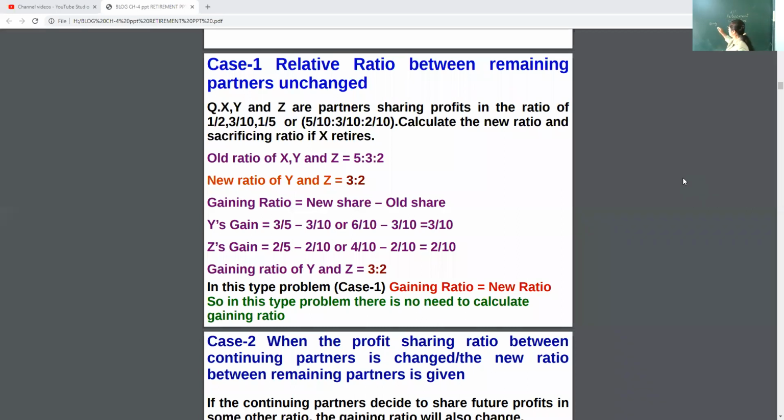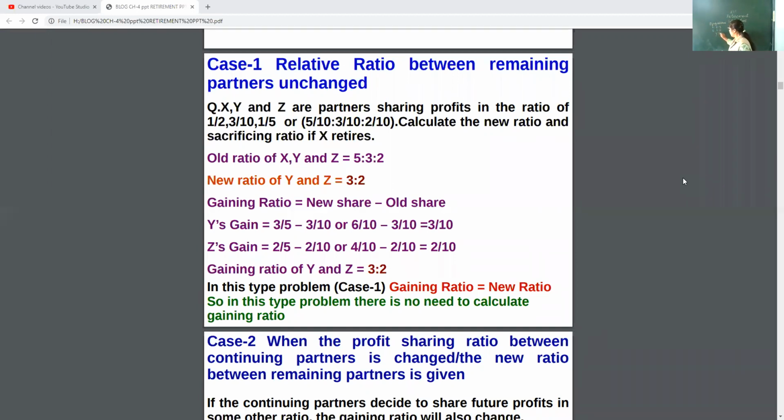Limited information means only the old share is given, like in this question. X, Y, Z, simple, 5, 3, 2. Now they said X retires. So what to do? Only Y and Z remain.